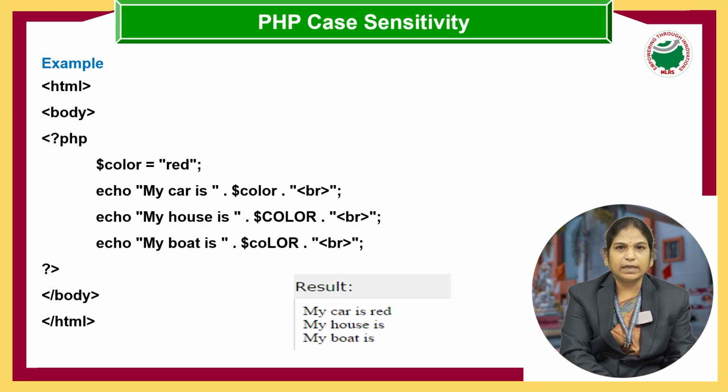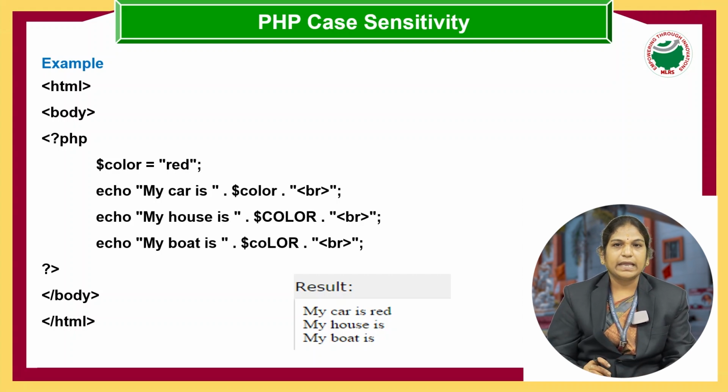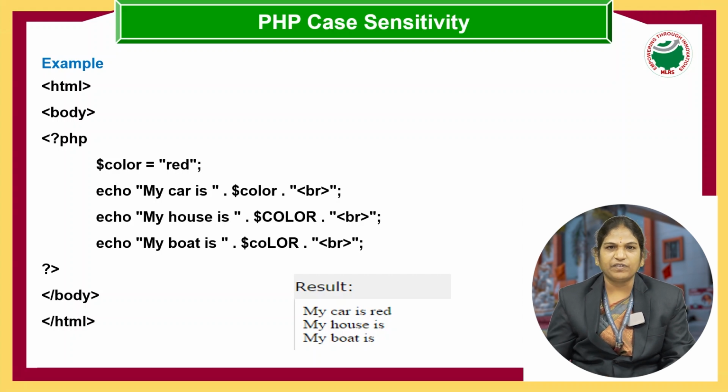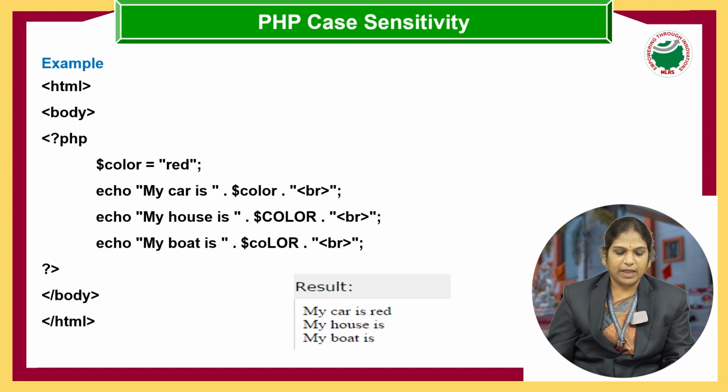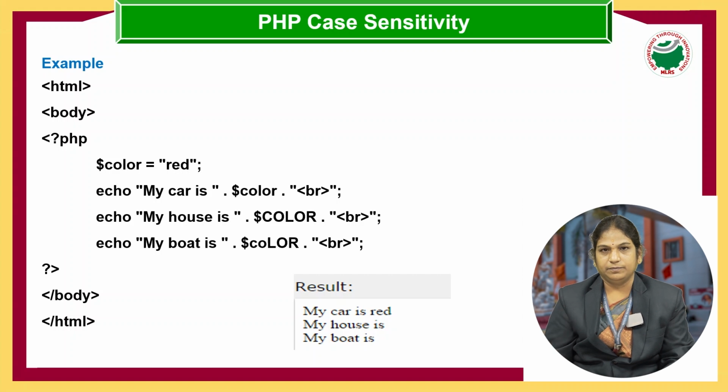So here $color is the variable name, and I am assigning the value red to the $color variable. And next I am writing echo "my car is $color". What is the value inside the lowercase $color? Red. So the output for the first echo statement is: my car is red.